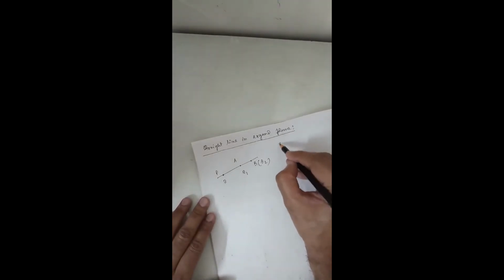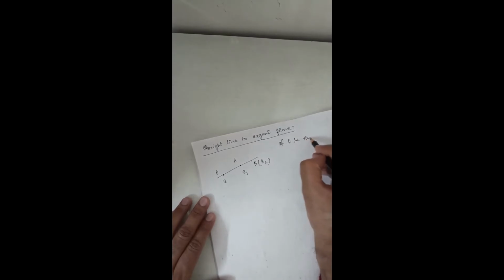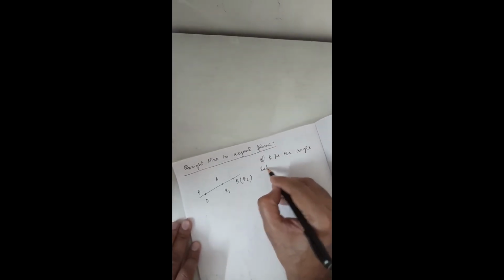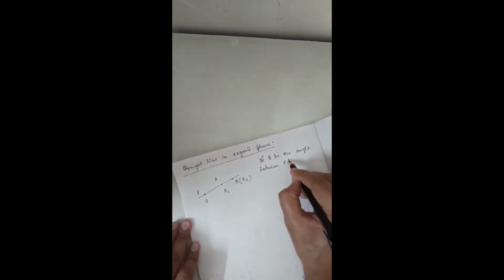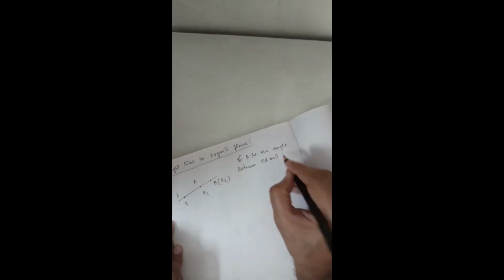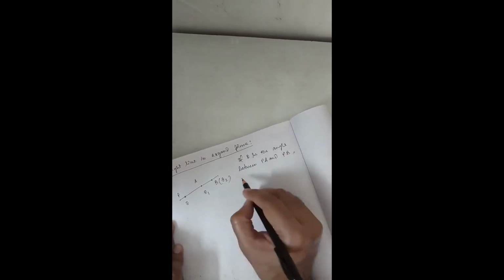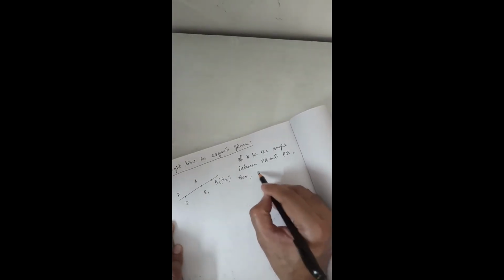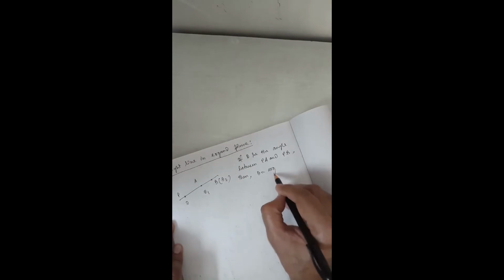So if theta be the angle between PA and PB, then from our previous result we can write theta equals argument of z minus alpha by z minus beta.